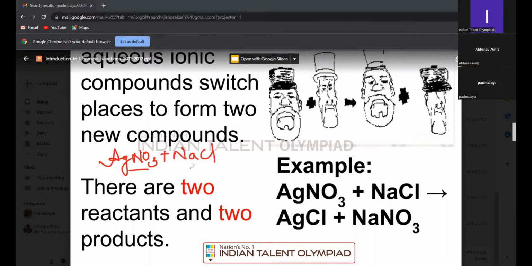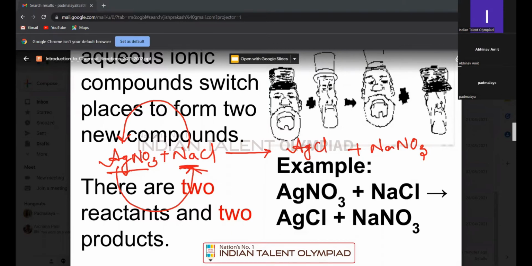This is one compound and this is another compound. Soon you will get AgCl and NaNO3, sodium nitrate. Sodium has taken the place of silver, and silver has taken the place of sodium. Two metals have exchanged their places. Such a reaction we call a double displacement reaction.